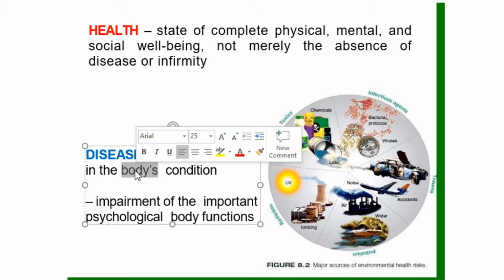What are the examples? We have the endocrine system, the reproductive system, the digestive system, the cardiovascular system, the lymphatic system, the immune system, and so on and so forth. So if you are experiencing a certain disease, there is a change, there is an impairment, there is something wrong within your body.